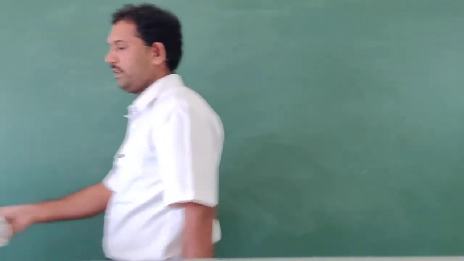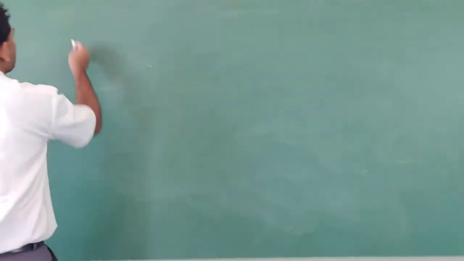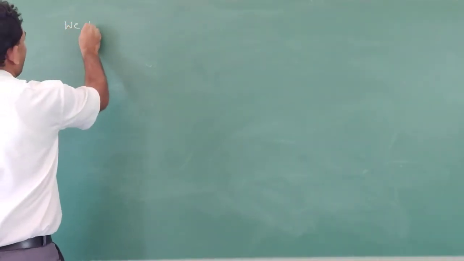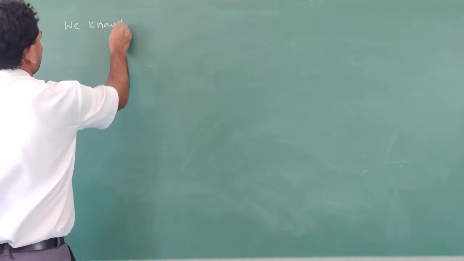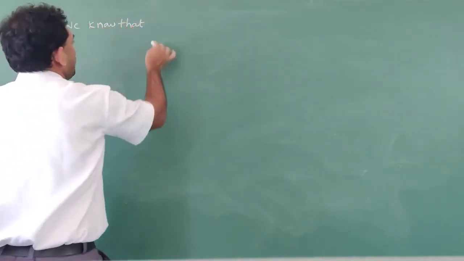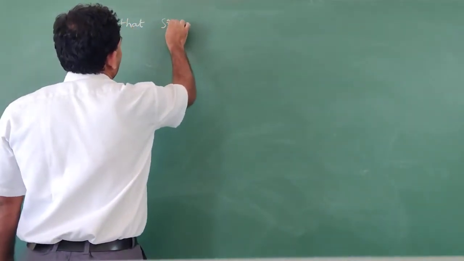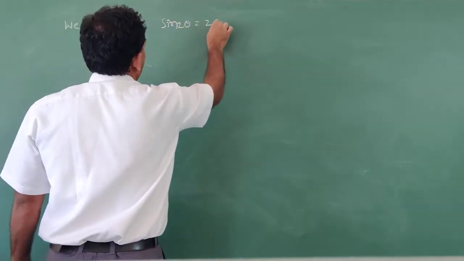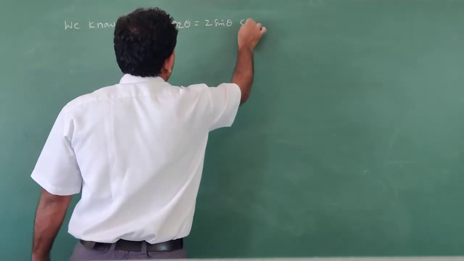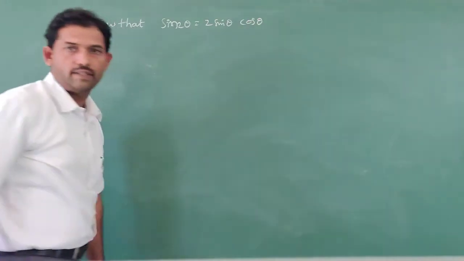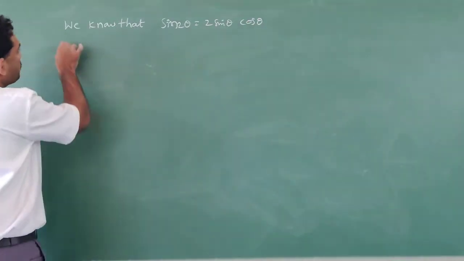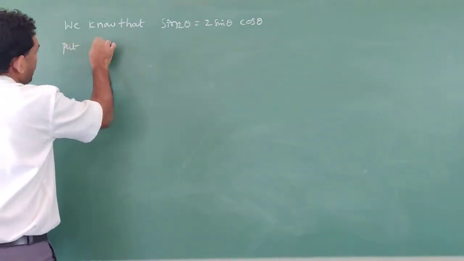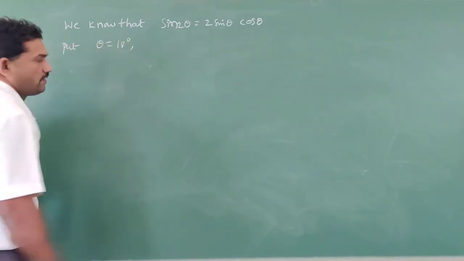Sin 36 degrees. We know that sin 2 theta equal to 2 sin theta cos theta. Put theta is equal to 18 degrees.